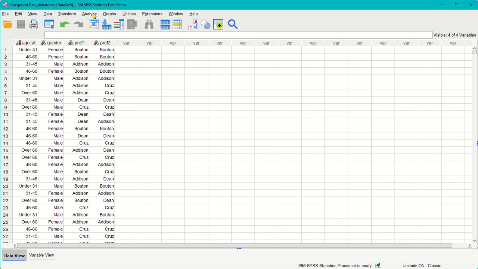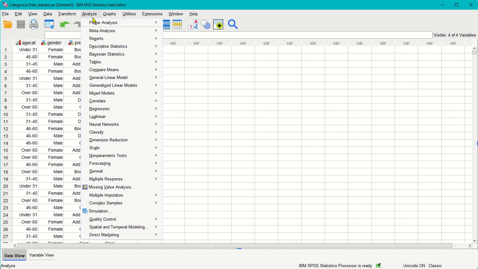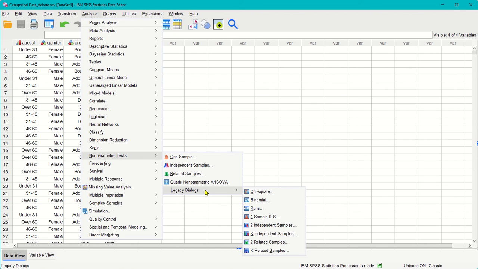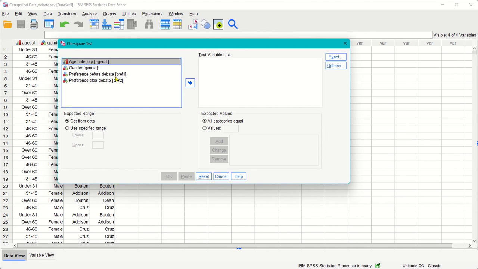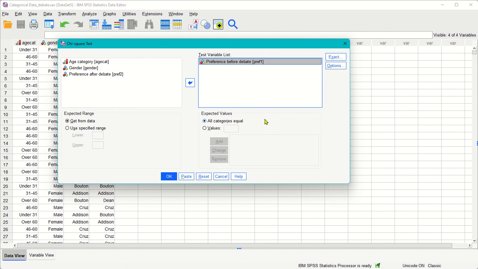When we perform a Chi-Square goodness of fit, we're only looking at one variable at a time. So if you select Analyze, Non-Parametric Tests, Legacy Dialogs, and then Chi-Square, and then let's reset this. Let's say we want to see what people preferred before the debate, to see if there's a difference.